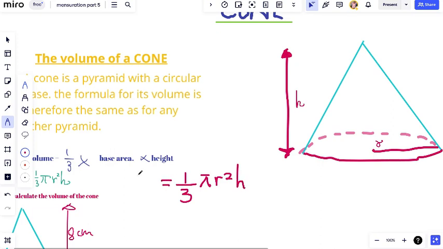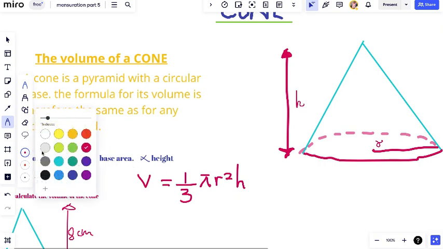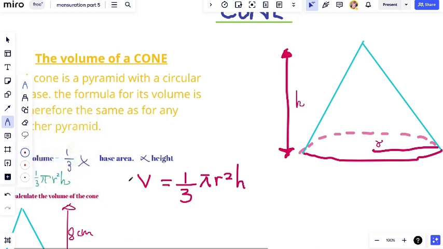Since a cone is simply a pyramid with a circular base, we are using the same formula as in the case of a pyramid. The only difference is that our base area is constant.